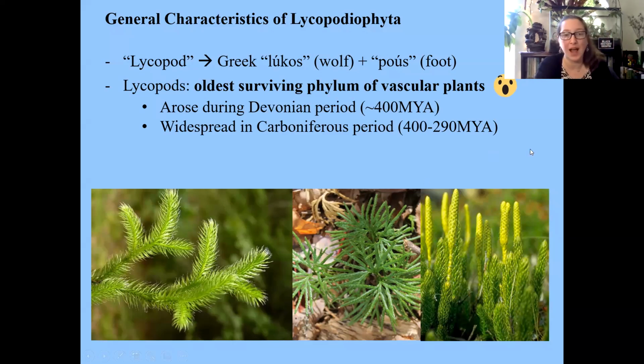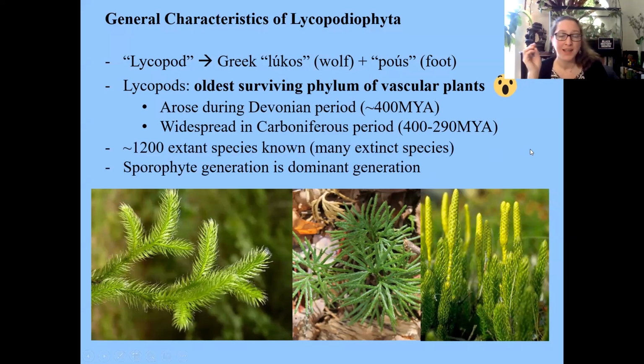And yeah, so wolf's foot, I don't know. I mean, I guess sort of. Even though this is the oldest surviving phylum of vascular plants, there's not that many species in this phylum. There's about 1,000, maybe 1,200, give or take. And many, many extinct species that are no longer here.